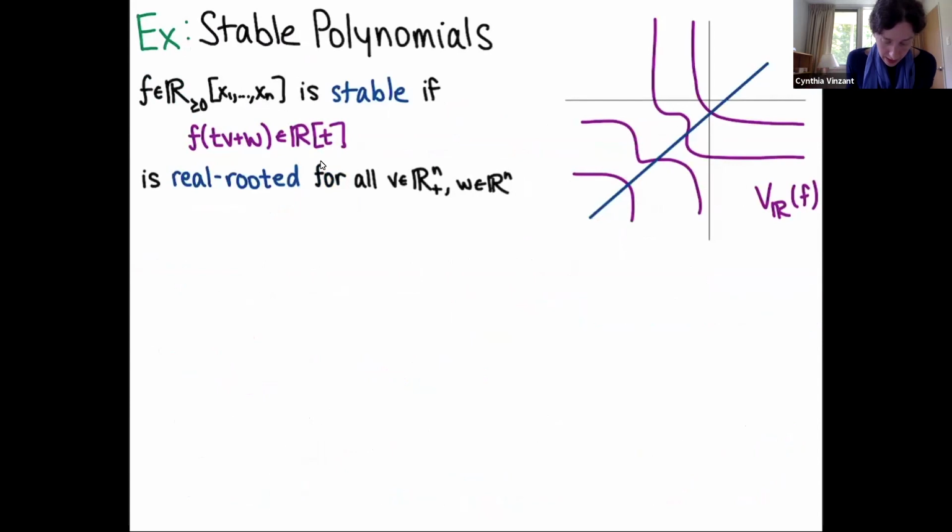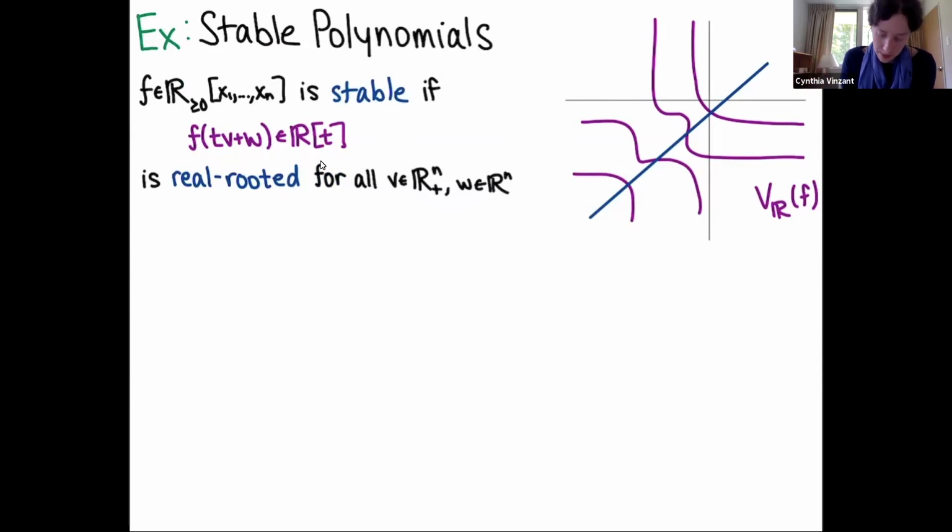Namely, the big example is something called stable polynomials. There are a few different ways to define them, but the one I'll use right now is that a polynomial is sort of real-rooted with respect to the positive orthant.